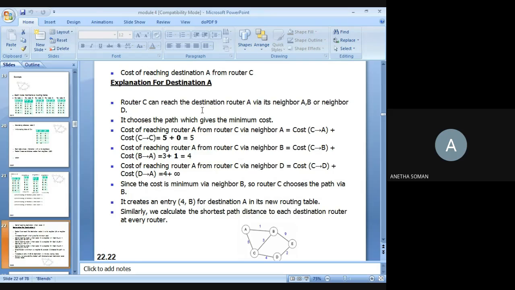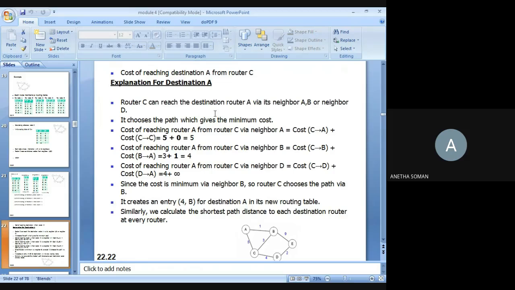Router C can reach destination router A via its neighbors A, B, and D. C has received information from three neighbors now, A, B, and D. I want to find out the cost of reaching destination A from my router C. A is my destination, but I have received messages from A, B, and D. So I have to find out whether I can go through the neighbors also. My neighbors are A, B, and D.